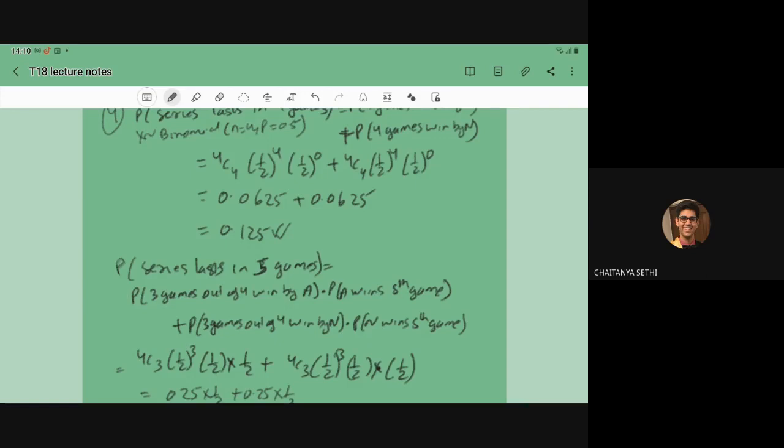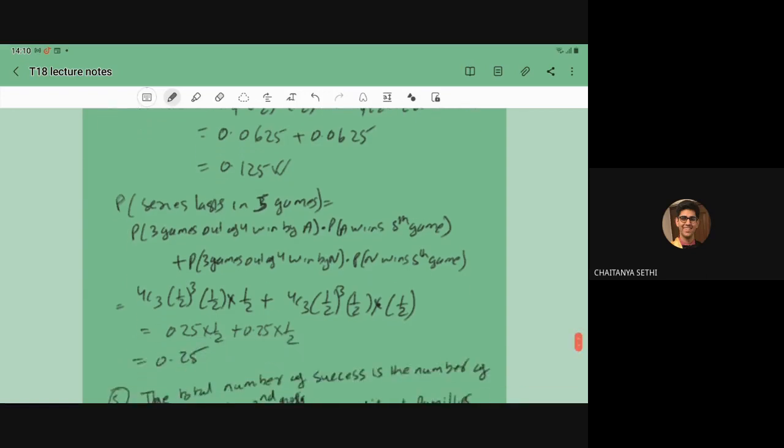So series lasting 5 games is equal to 3 games out of the first 4 won by the American team, plus the fifth game also won by the American team.